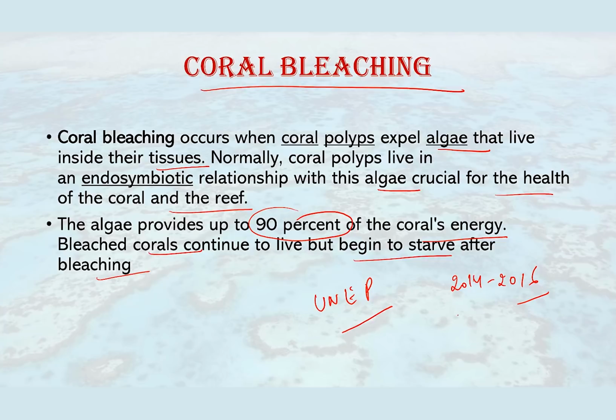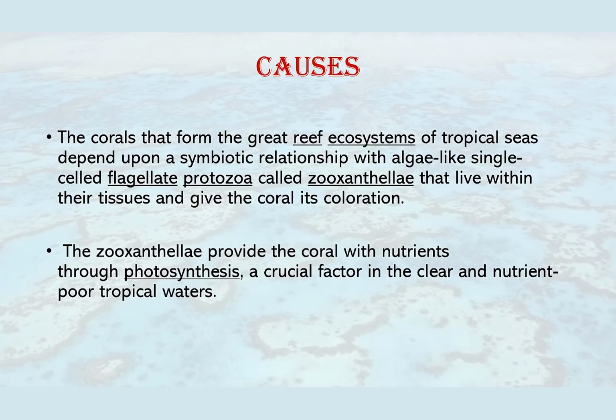In 2016, bleaching of coral on the Great Barrier Reef killed around 29 to 50% of the reef's coral, and in 2017 the bleaching extended into the central region of the reef. The average interval between bleaching events has halved between 1980 to 2016. So what are the causes of this coral bleaching?